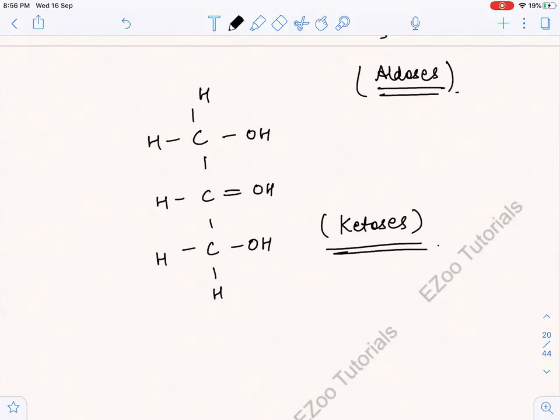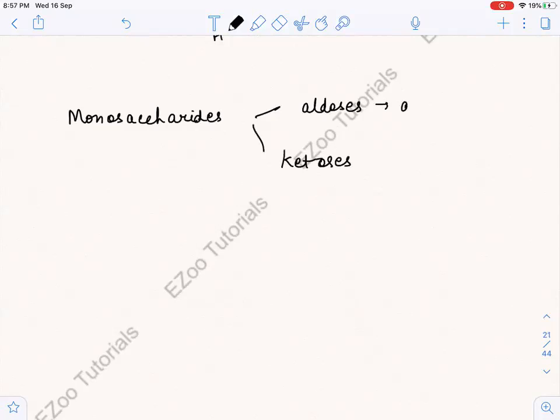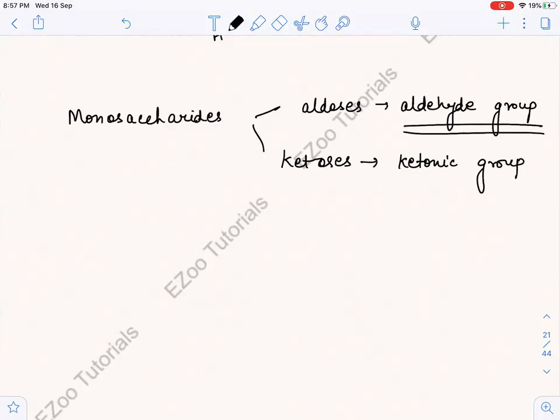I just wanted to tell you how we are getting them. The monosaccharides can be in the form of aldoses or ketoses. We had learned this, and in every book we get to know this. Aldoses are those in which there is an aldehyde group. You know how we get it now. And ketoses are those where there is a ketonic group, right? That's why I told you that glycerol thing. Aldoses have an aldehyde group and ketoses have a ketonic group, right?